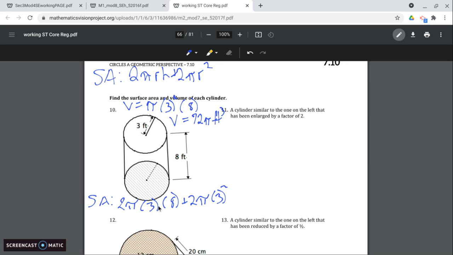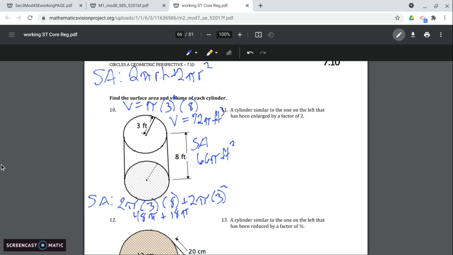So in this first part, 3 times 8 is 24, times 2 is 48 pi plus 3 squared is 9. 9 times 2 is 18 pi. So when we add 48 and 18 together, we end up with 66 pi. So our surface area is 66 pi feet squared.